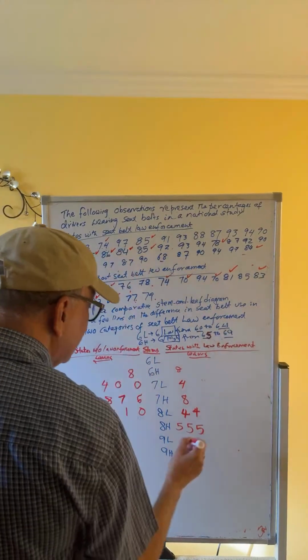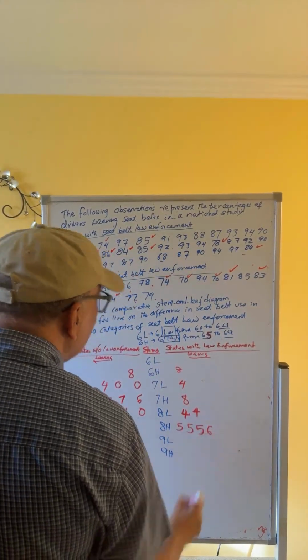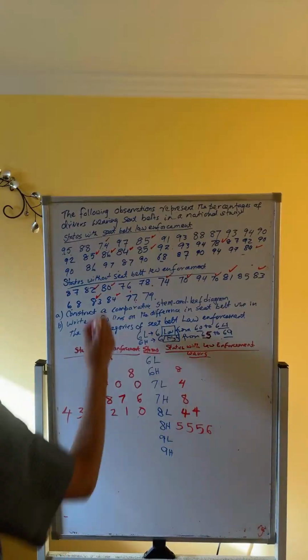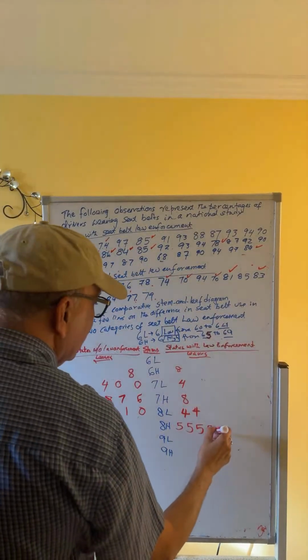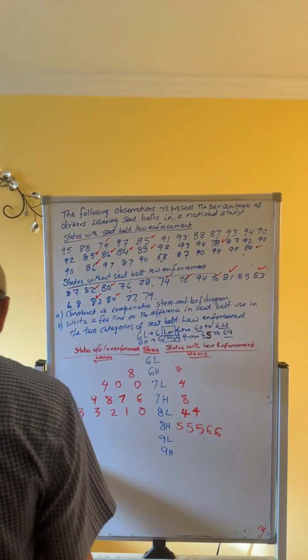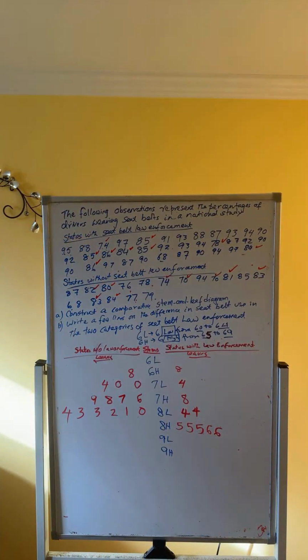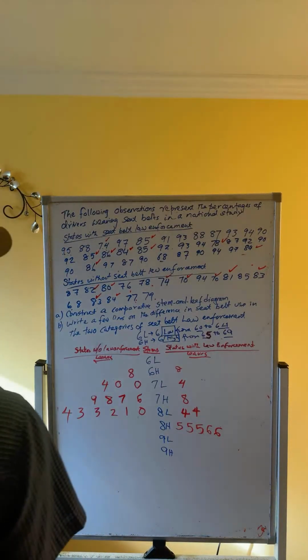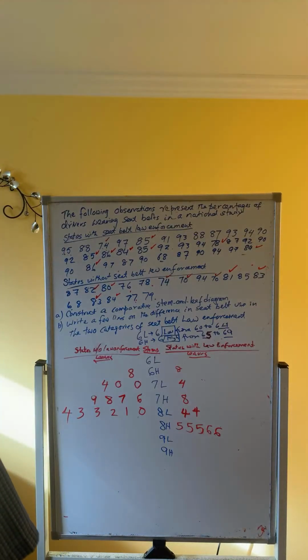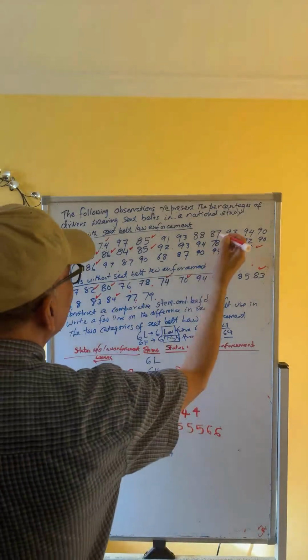There is 1 86 over here. There is 1 86 over here. Then 86 is done, then 87. How many 87s are here?